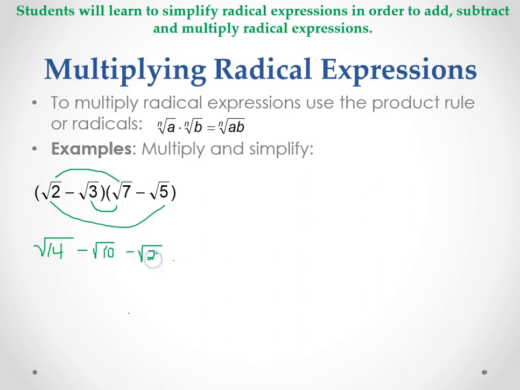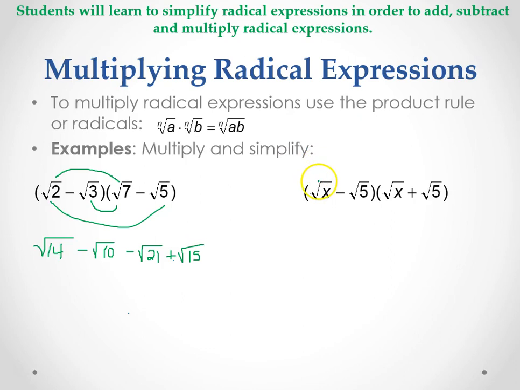And negative square root of 3 times negative square root of 5 is positive square root of 15. Do any of those contain perfect squares? No, because this factors into 2 and 7, that factors into 2 and 5, that factors into 3 and 7, that factors into 3 and 5. That's our answer.